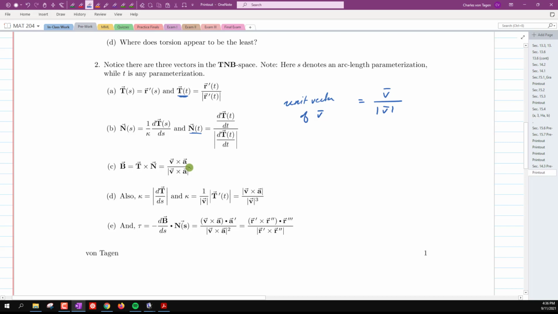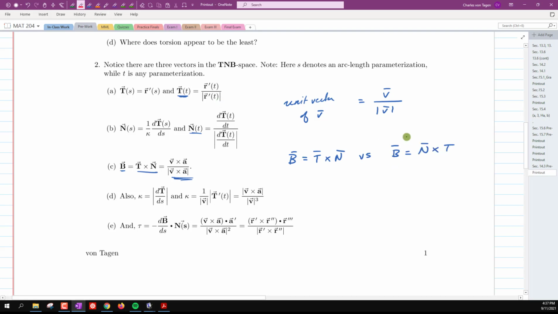Then, folks, I do not expect you to know this formula at all. It will be given to you if you want to use it on an exam. However, you should instinctively know that the binormal vector from that TNB frame is given by the unit tangent vector crossed with the unit normal vector. Now, how do I remember that B, the unit binormal vector, is equal to T cross N versus being the normal vector crossed with the tangent one?